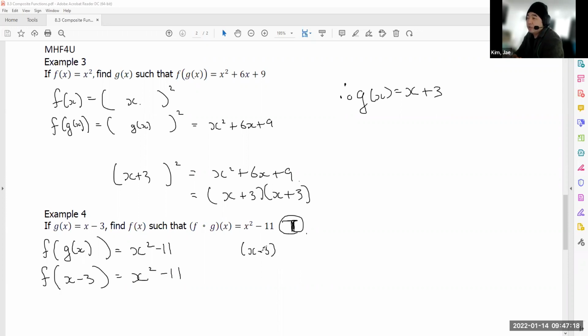So I'm going to say, okay, if x minus 3 has to become x squared, then I need to square that. But if I do this, that actually equals x squared minus 6x plus 9, right? How do we keep the x squared, but get rid of the negative 6x?